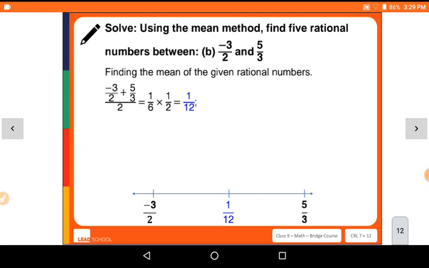Second one, -3/2 and 5/3. In the same way, we use the mean of the given rational numbers. First we take the two rational numbers, add them, and then divide by 2.